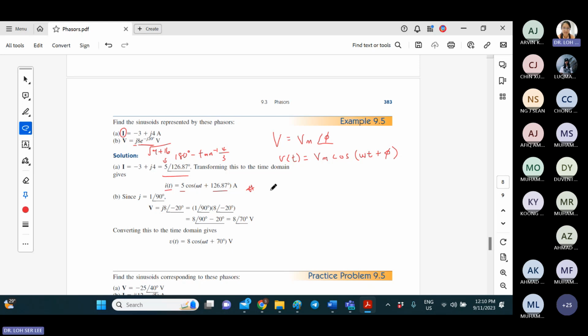So for j, when you want to get R, j is actually 0 plus j1, right? Your R will be the square root of 0 plus 1 squared, which is 1.